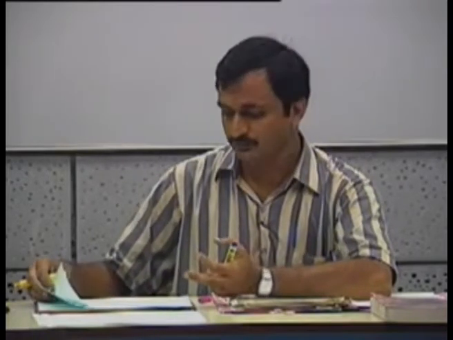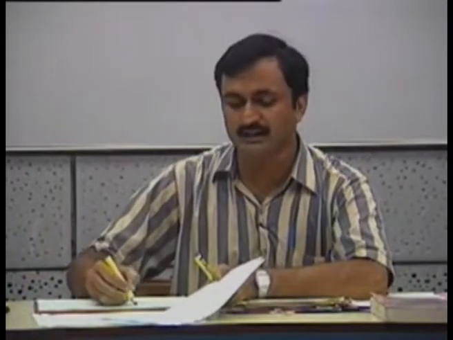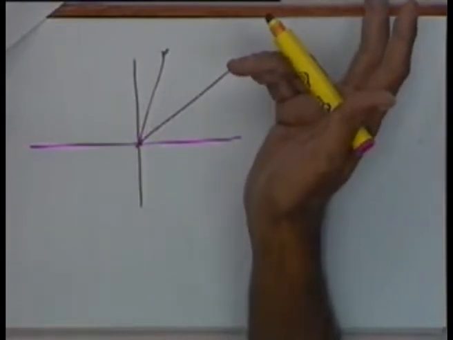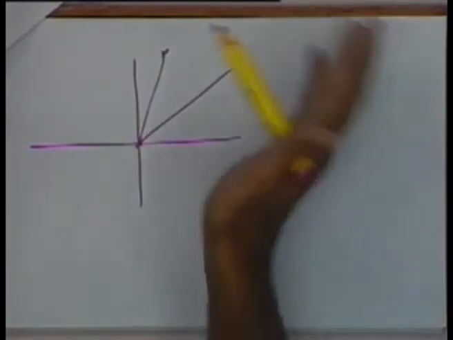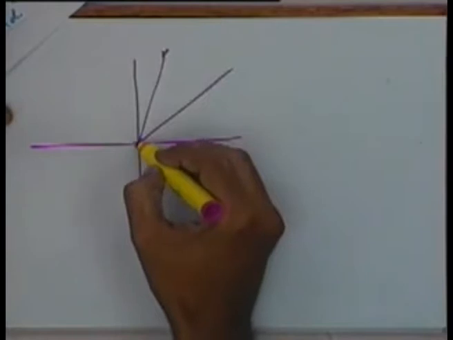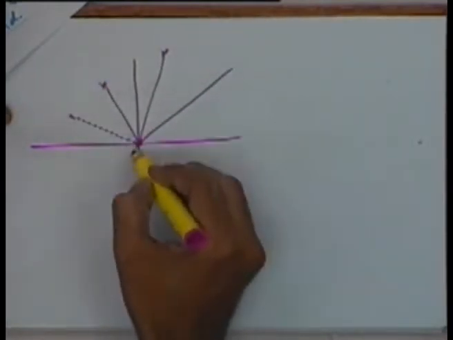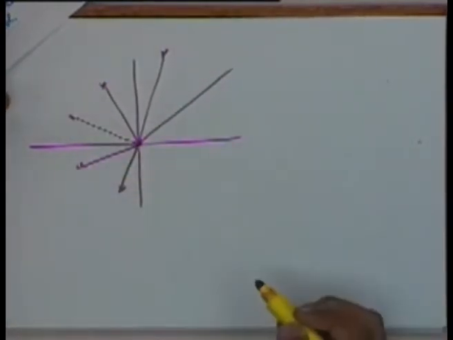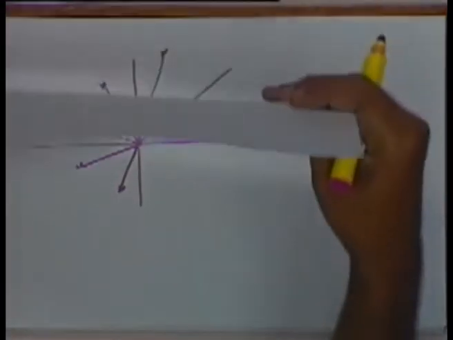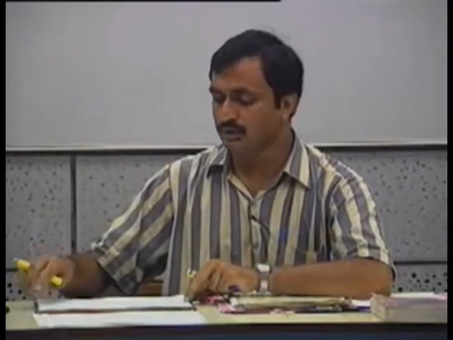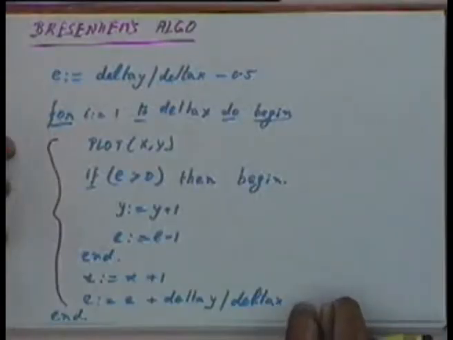What will be the changes? We'll essentially interchange x and y. So we'll have to rewrite the algorithm with x and y interchanged. Similarly, we'll have to make similar changes if my line is like this or in any other octant. So the algorithm the way I have written right now is only for drawing lines in the first octant.